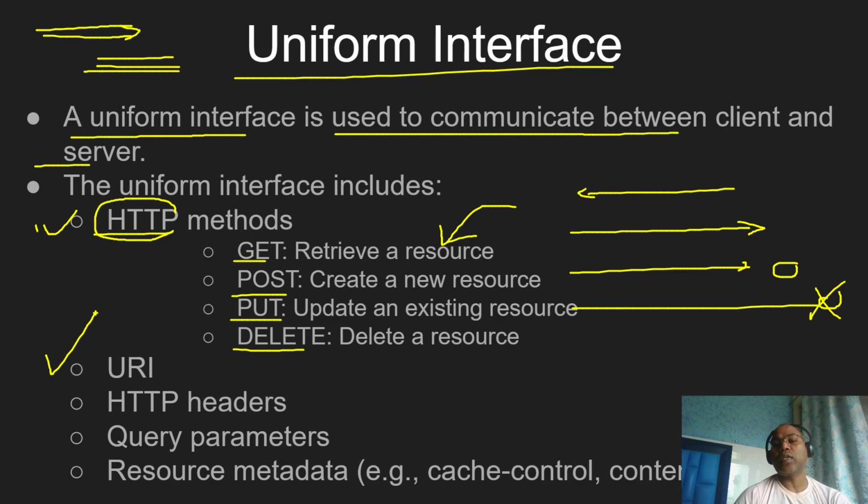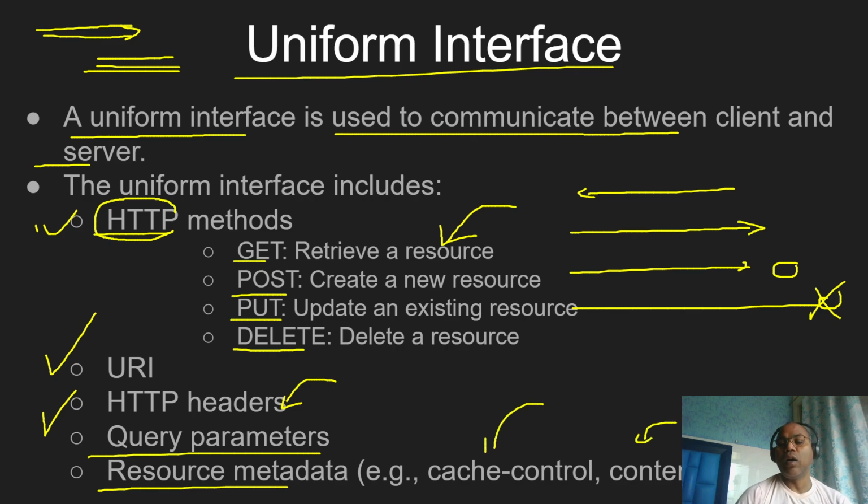Each and every resource can be uniquely identified, and during the communication between the client and server, sometimes you have to pass header information, like authentication, authorization, and page size. Your URL can also contain query parameters, and you can pass resource metadata, content type, cacheable types, and all the header parameters you can set.